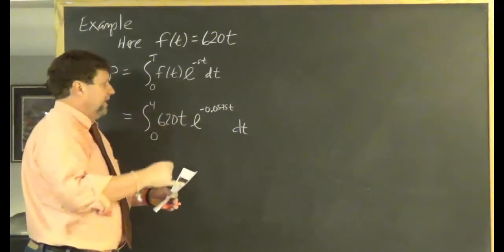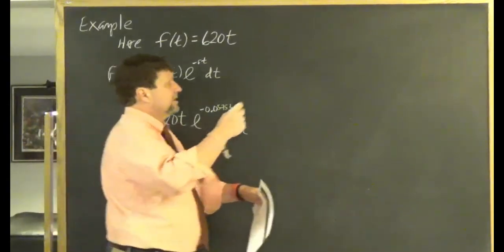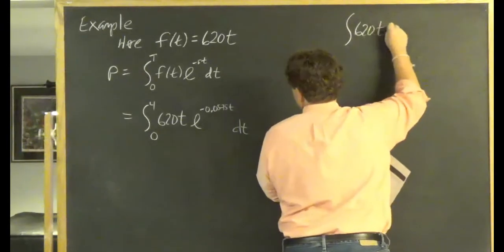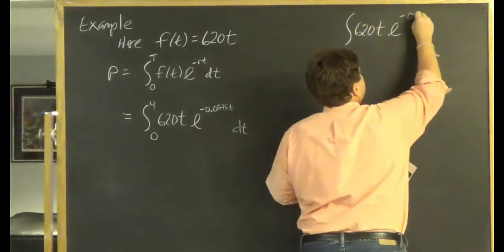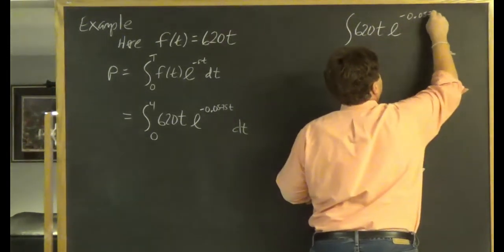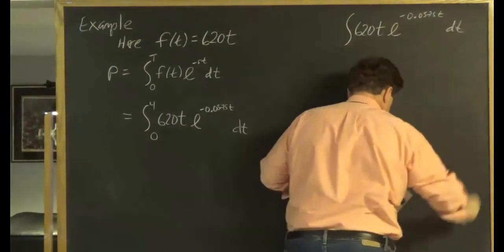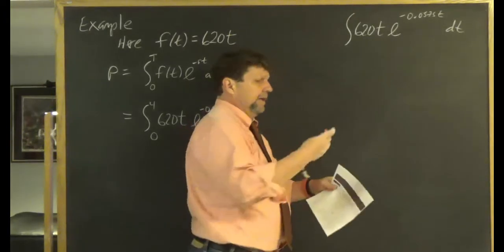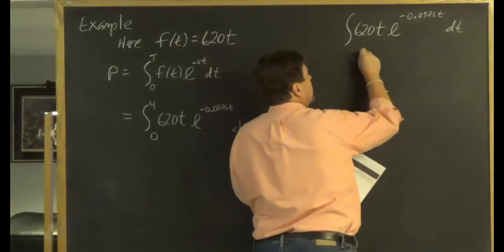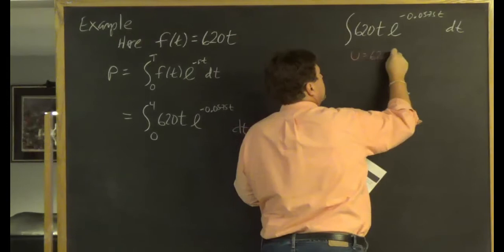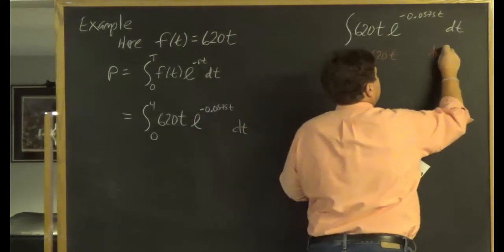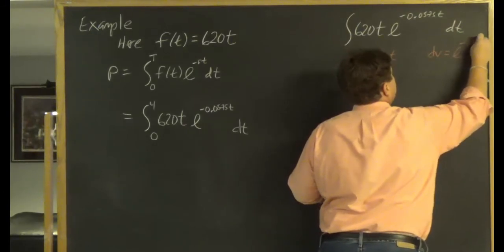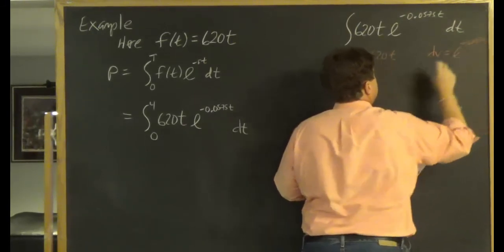So I'm just going to come over here to the side and say, I want to get an antiderivative for 620t e to the negative 0.0575t dt. Classic integration by parts, where you let u equal 620t, dv is e to the negative 0.0575t.